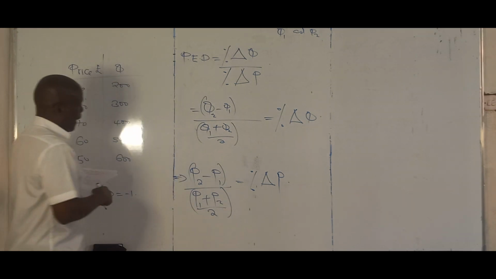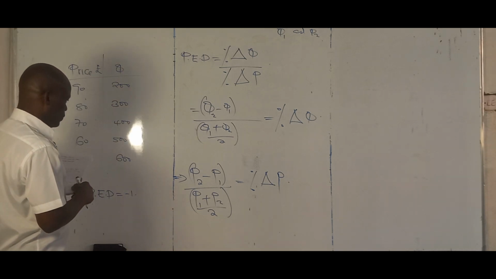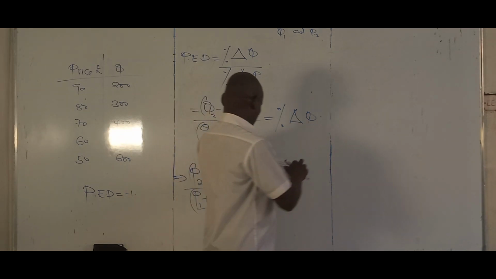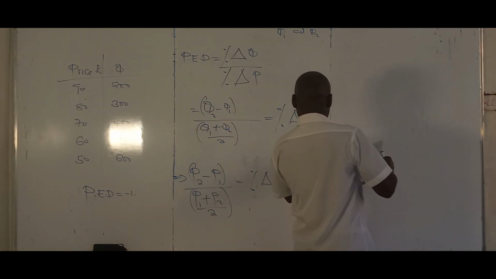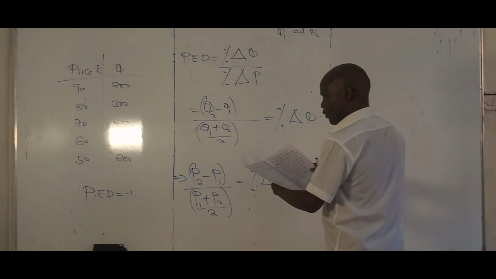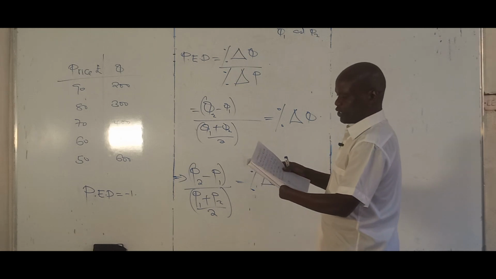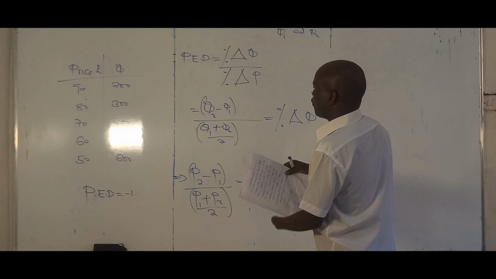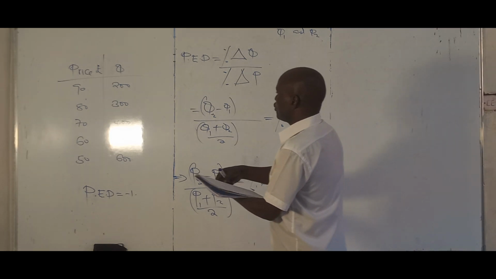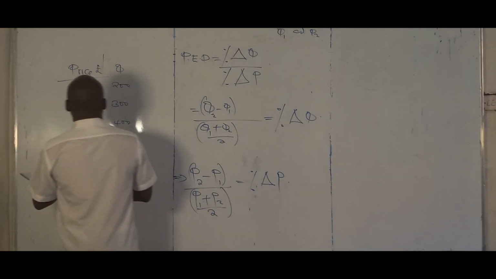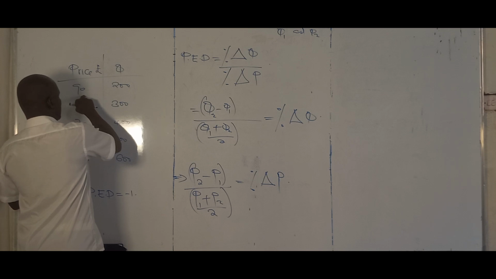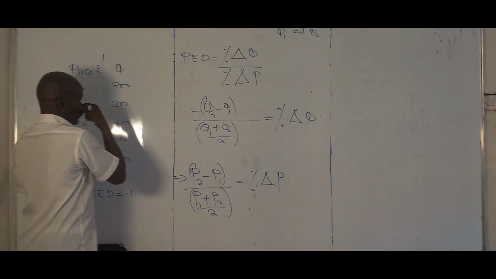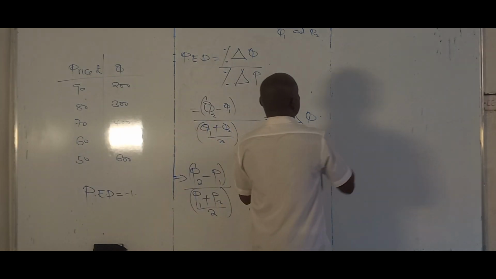So we consider each price change step by step. We have a shift from 80 to 90, that's part A.